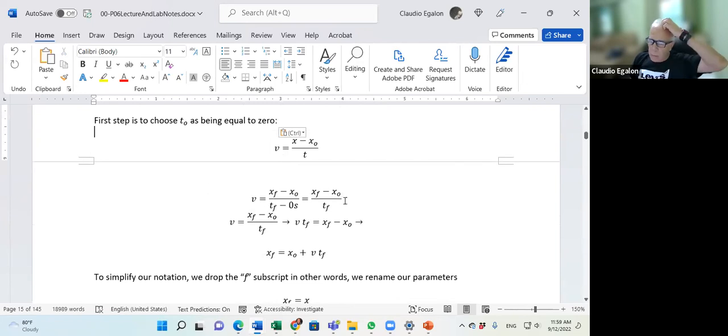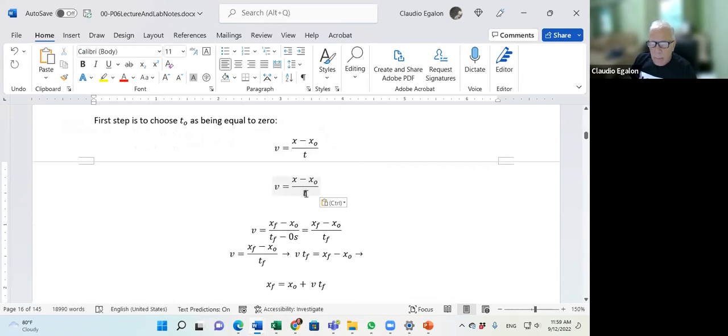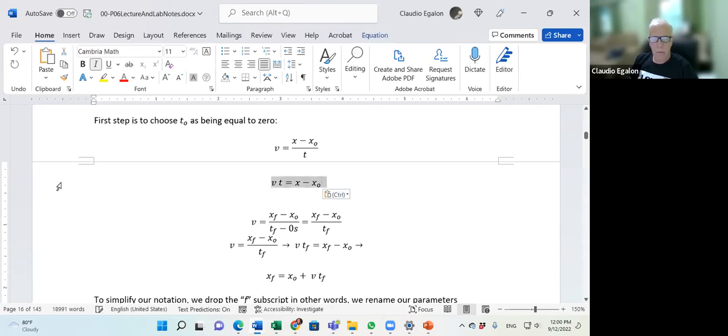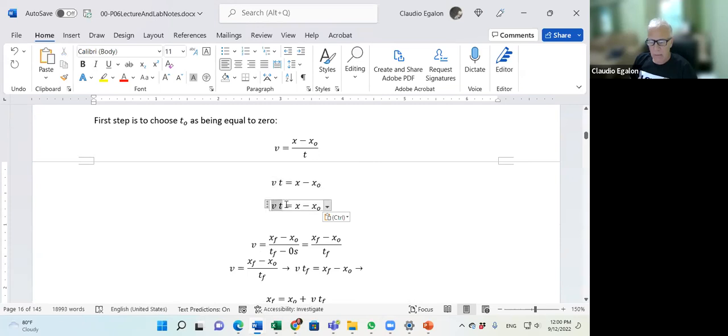And now we solve for x. For this one, we're going to pass the t to the other side. This is regular algebra that you learned in your math course.